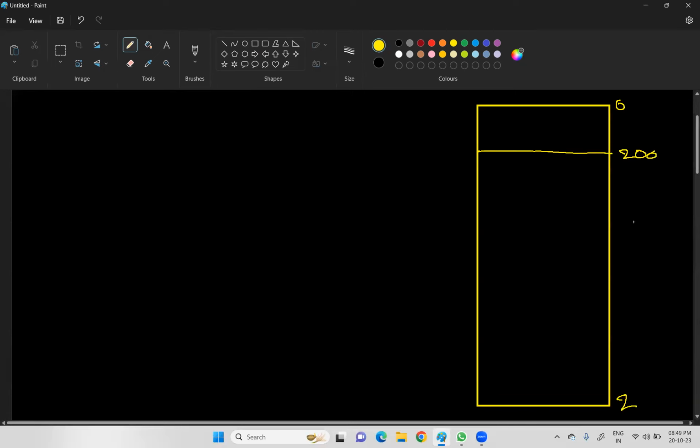Let me take the memory as 2000 kilobytes, and each page size will be, for example, 100 kilobytes. Therefore, this frame will be 100.